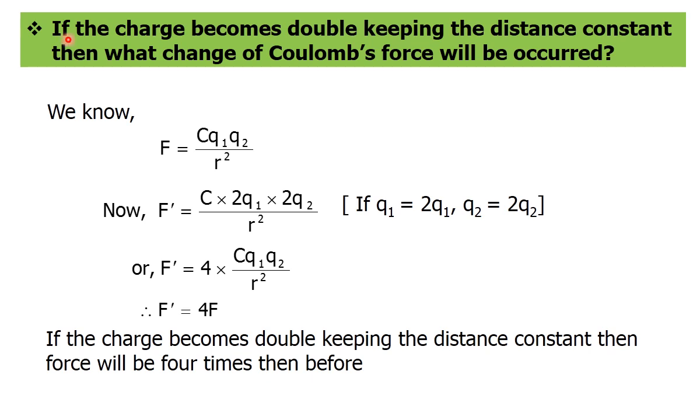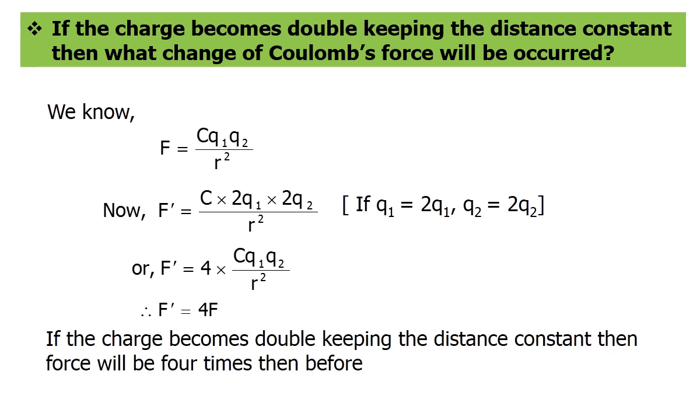The first question is, if the charges become double keeping the distance constant, then what change of Coulomb force will occur? That means from Coulomb's law we can write F equal to C Q1 Q2 by R square. Now here in the question we have to calculate the force when the charge becomes double.